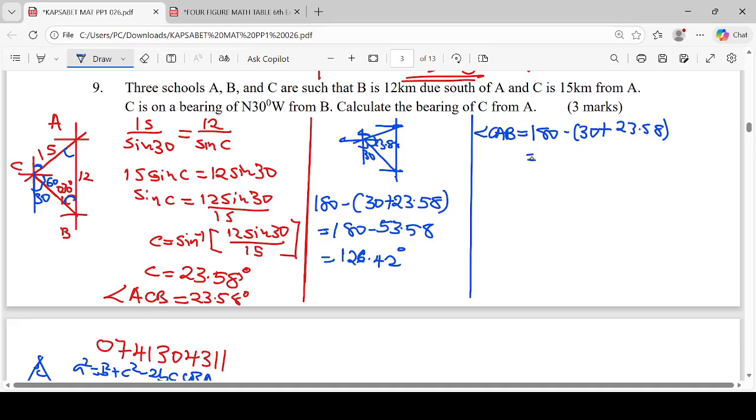So you find that that angle is 126.42, this angle here. And because the whole of this is already 180, to find now the bearing will be 180 plus 126.42. When you add 180 plus 126.42, that's going to give you 306.42.